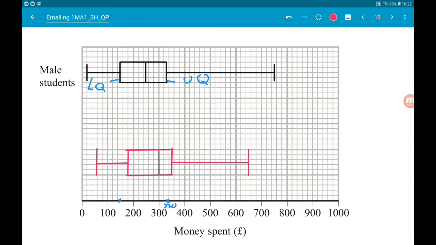So, if we look at the females, then they have a higher median. Now the median is the middle value. So I would say yes, Chris is correct because the females have a higher median. Cool.